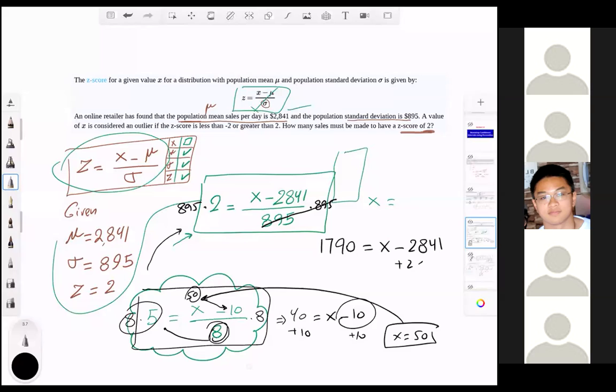I add 2,841 to both sides. I will get x, which is 4,631. So how many cells must be made? 4,631.